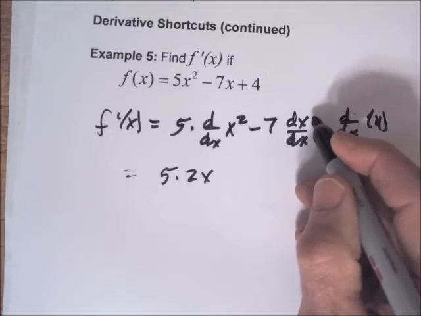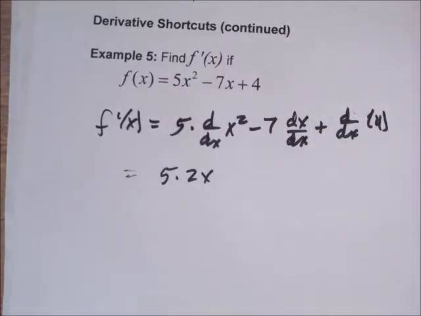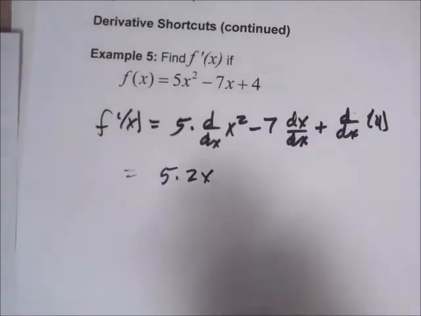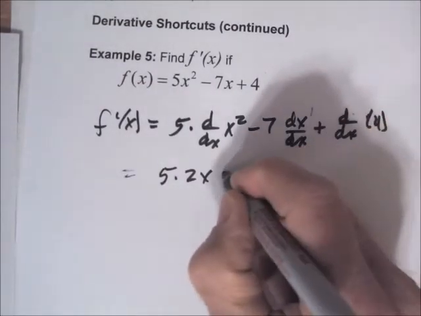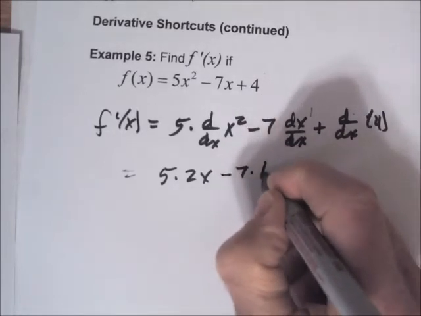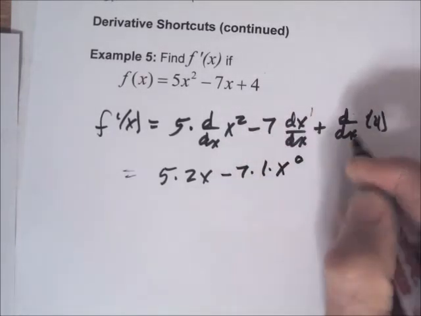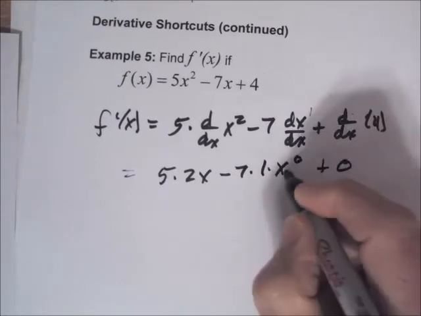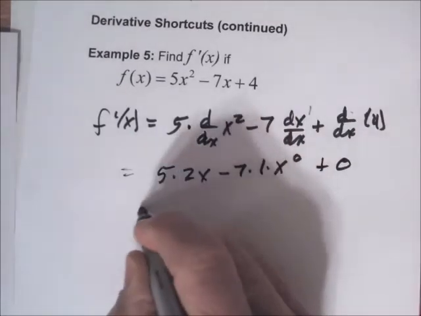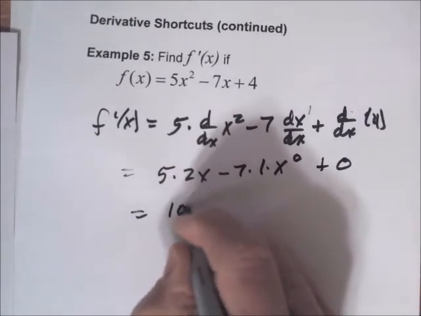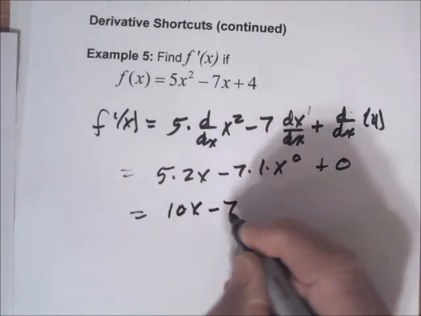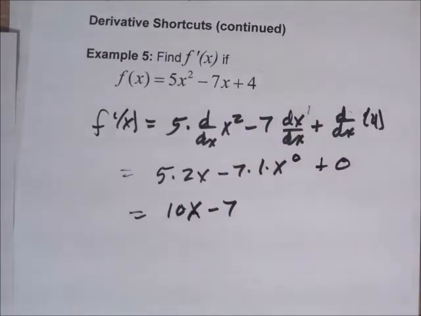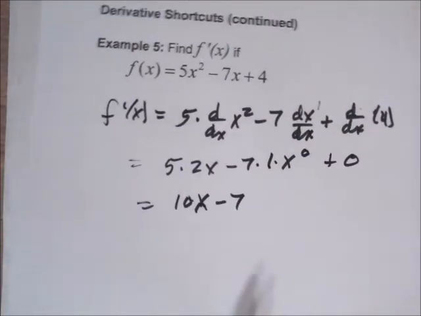We can use the exponent rule here also: the derivative of x with respect to x, which is x to the first power, is minus 7 times 1 times x to the 0 power. And the derivative of a constant is 0. Well, x to the 0 power is 1. So this is just 5 times 2, which is 10, so it's 10x minus 7. So the derivative there is 10x minus 7.